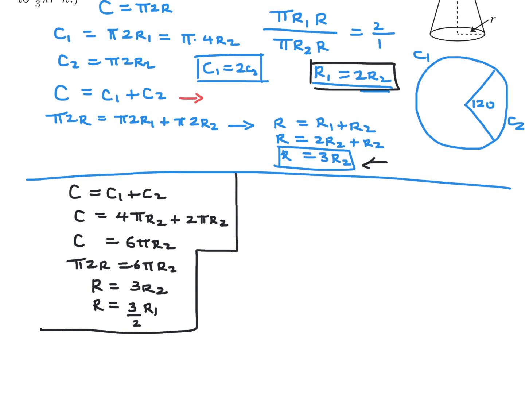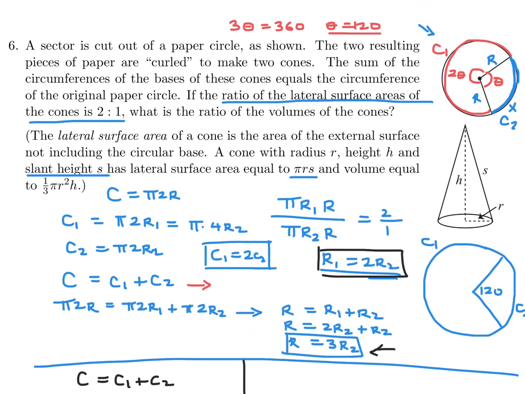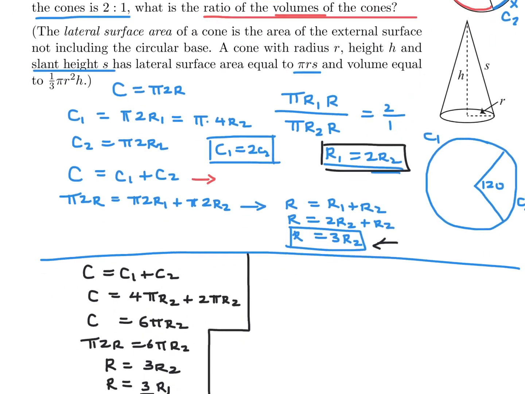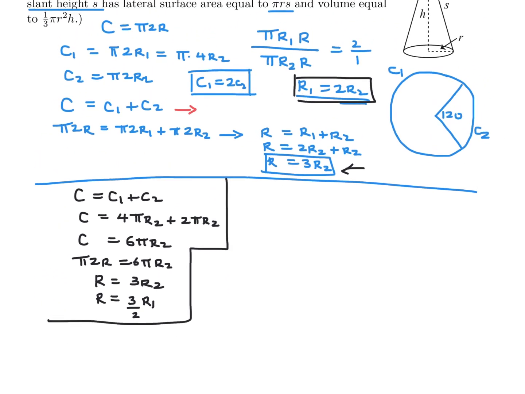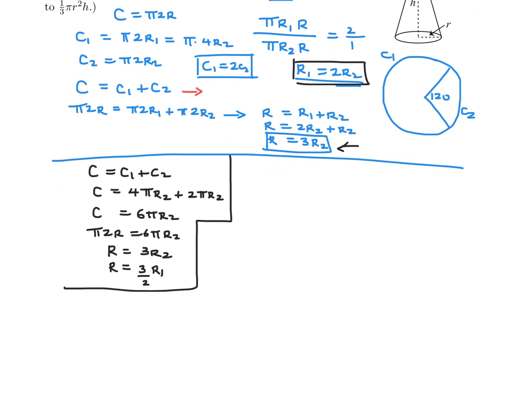Okay, so now finally I think we can turn to our attention to what they're actually asking for, which is what is the ratio of the volumes of the cones. So the ratio of the volumes of the cones would be the volume of the first cone over the volume of the second cone.